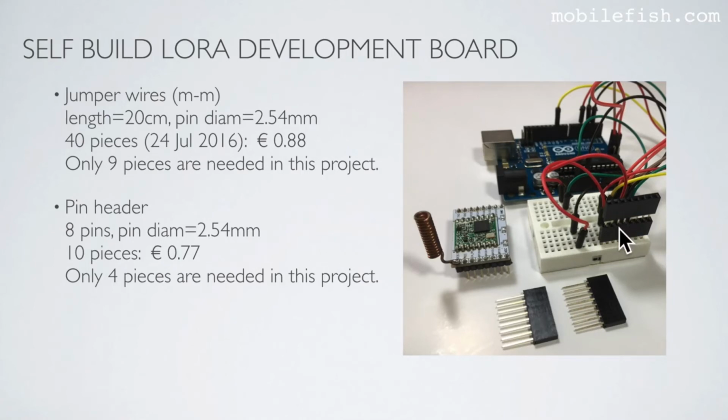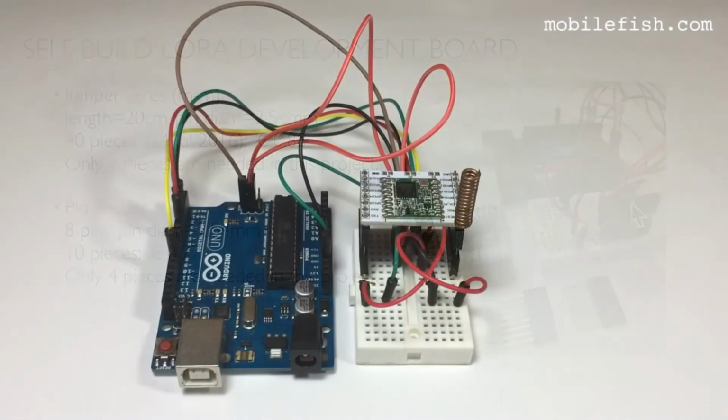2 pin headers stacked on top of each other, and you do the same on this side, and then you mount the LoRa radio module on the pin headers. This is a self-built LoRa development board.